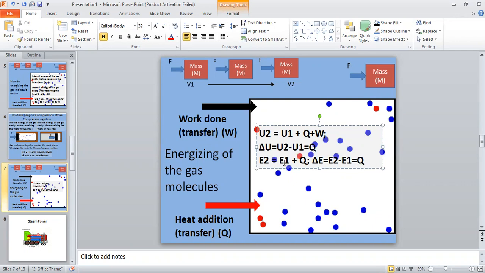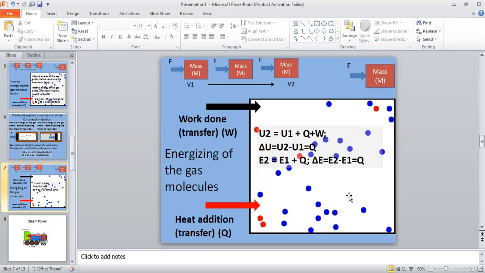So delta U is, see, W we consider positive towards the system. Work done on the gas molecules in this enclosure, we consider this the positive direction.